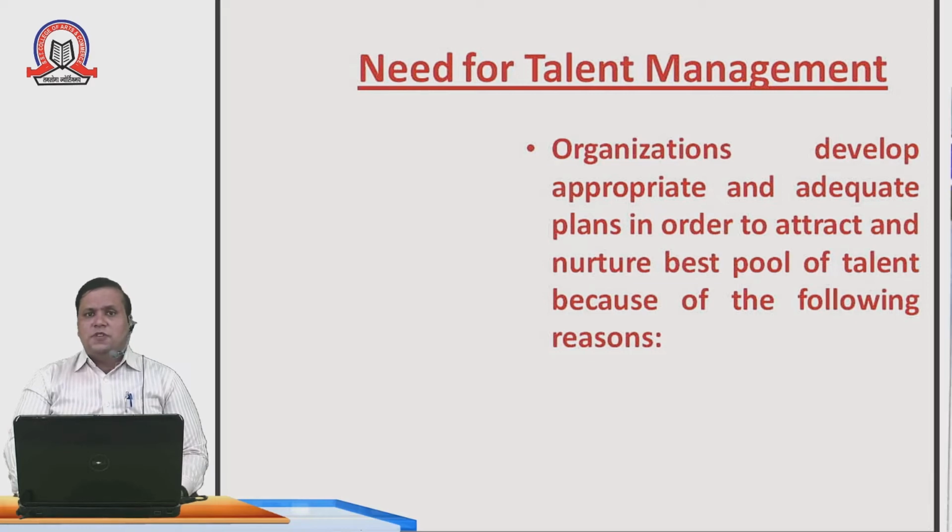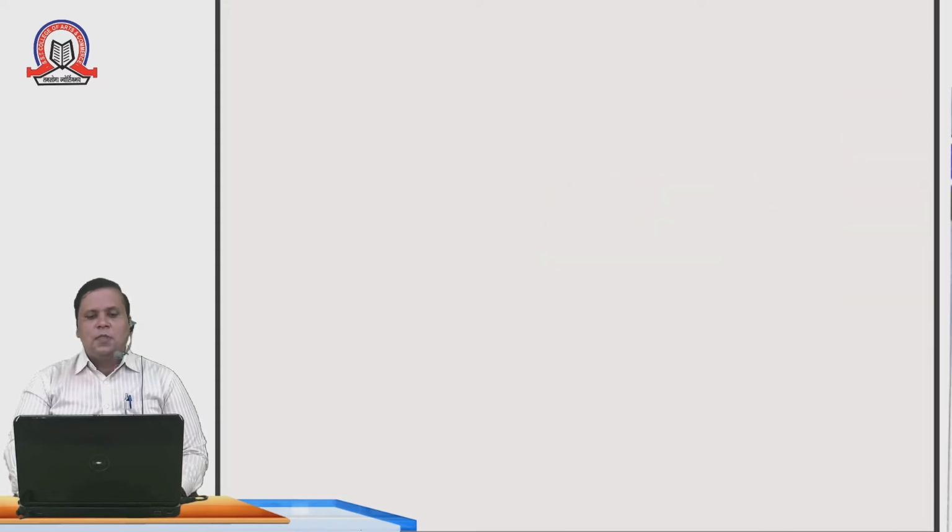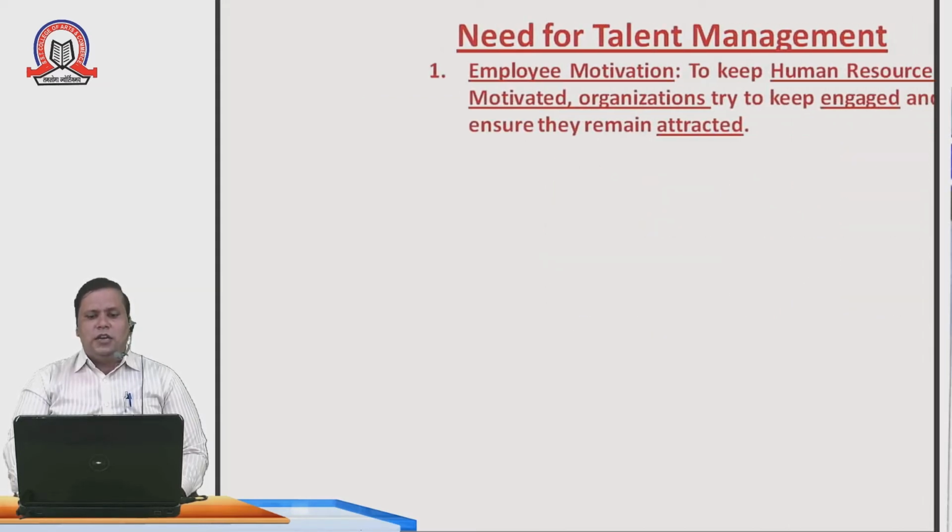Suppose somebody is working in Google, he is definitely one of the best programmers, or the best person to deal with the system, because of the other aspects of a job role required for performing a particular task. Then comes the need for talent management.